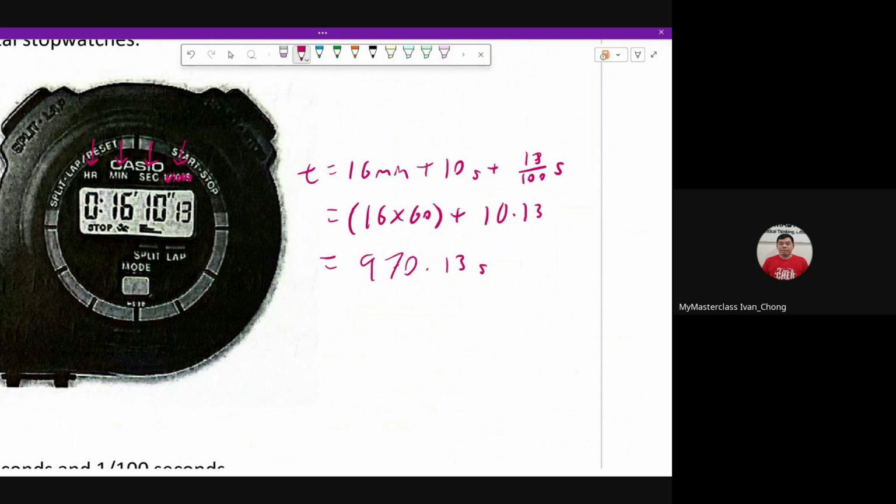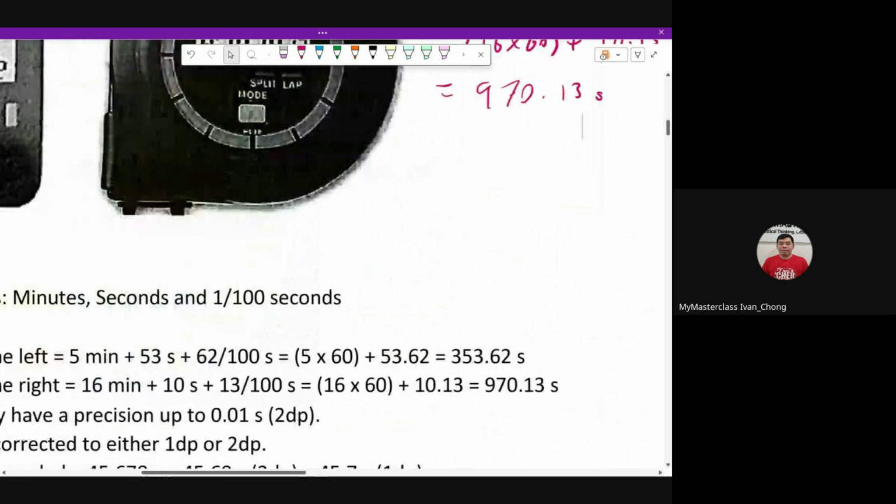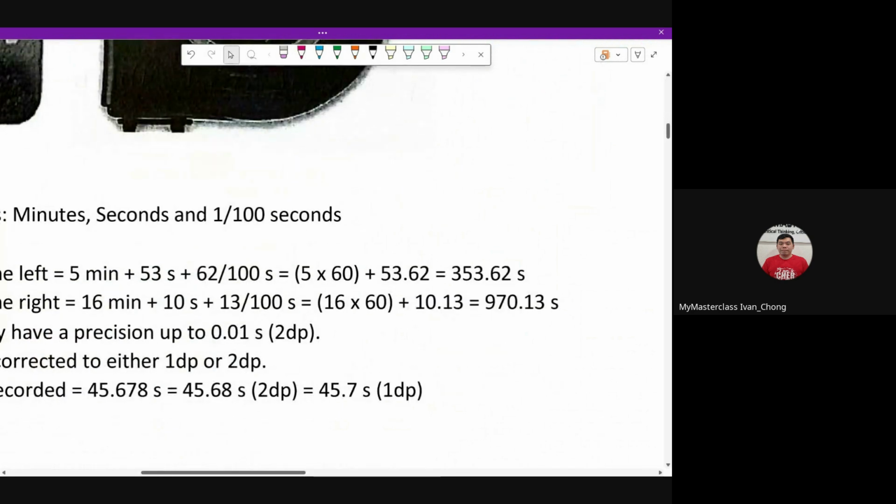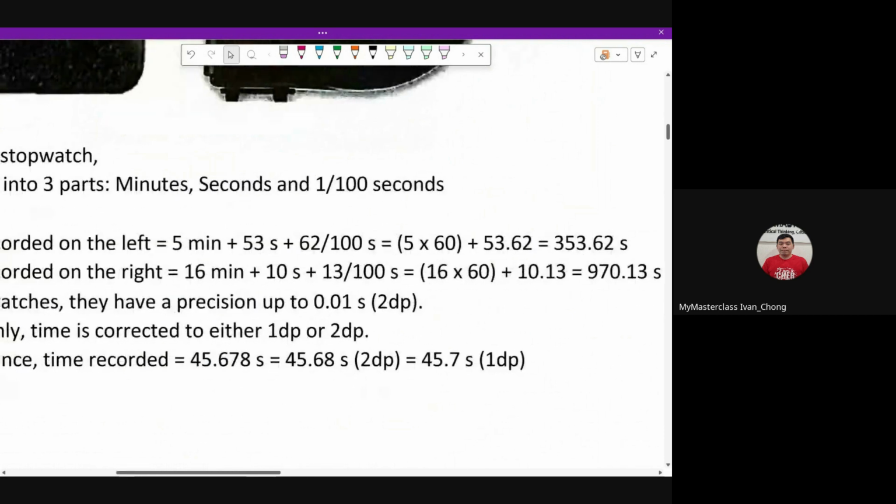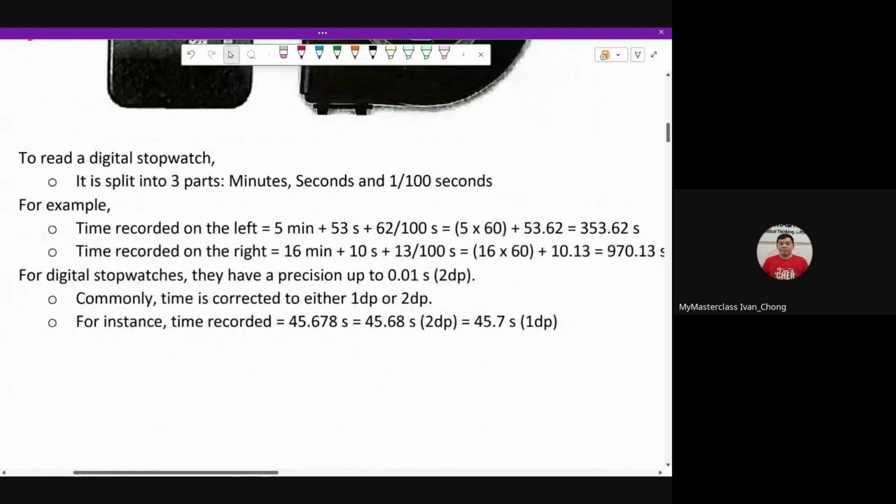So this is a very, very large number. And if you notice, the unit s I write is typically smaller than the number itself, because if you write it like this, it looks like 5. So you write your s at the bottom right-hand corner. So this is how you read it. In this format, leave a space as well so that you know that this is your unit, because some of us, our handwriting may not be the best.